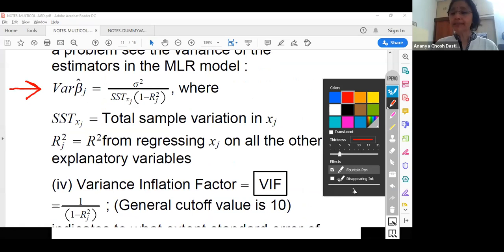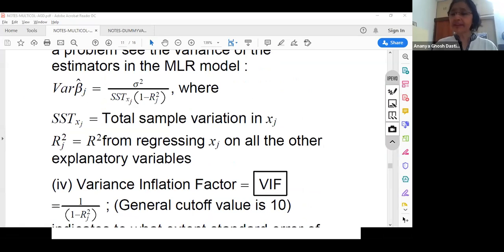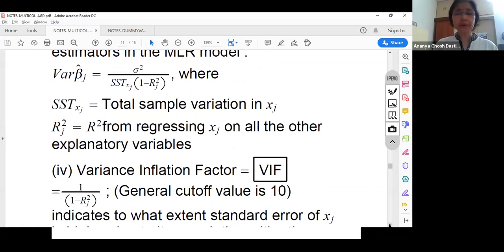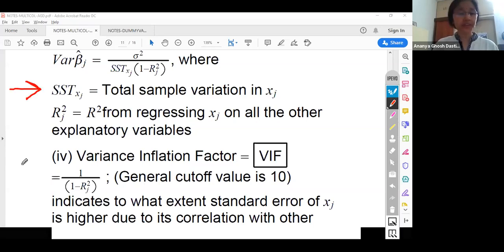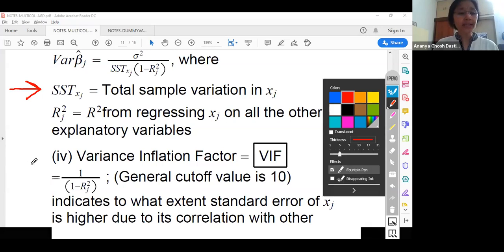Look at a very standard, quote unquote, way of detecting multicollinearity. This is called the variance inflation factor. And look at what it is. It is nothing but 1 upon 1 minus r squared j.